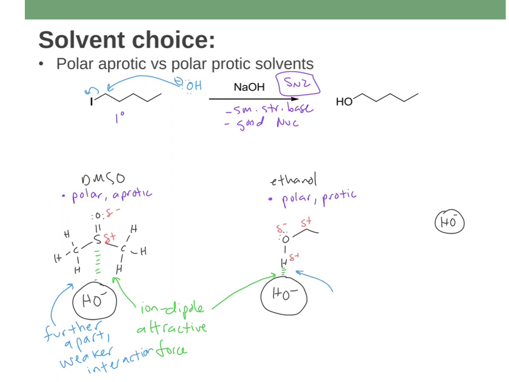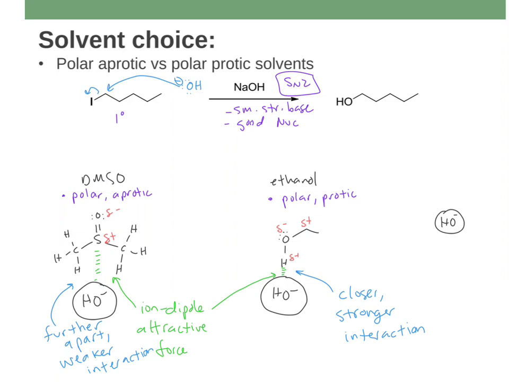Here they're closer, which means it has a stronger interaction, a stronger attraction. It's largely a proximity thing. It has to do with the size of the charges, but also the proximity. How close can you get?